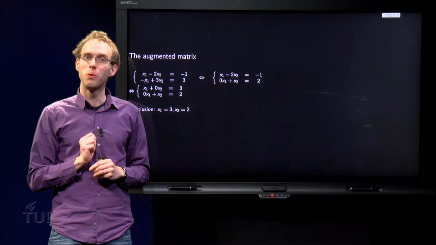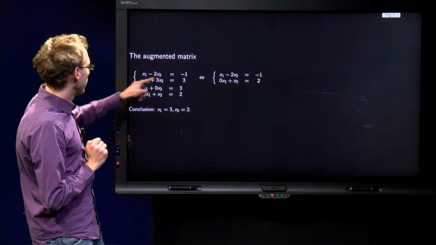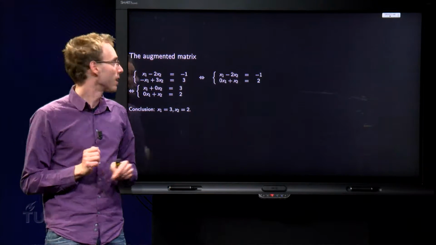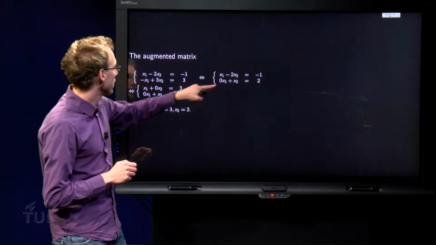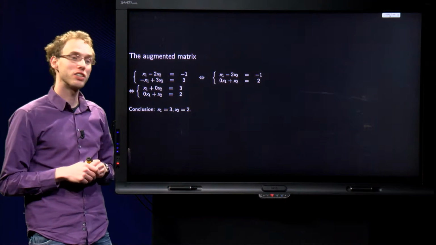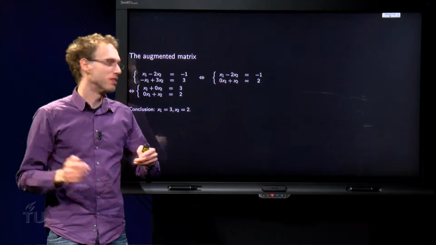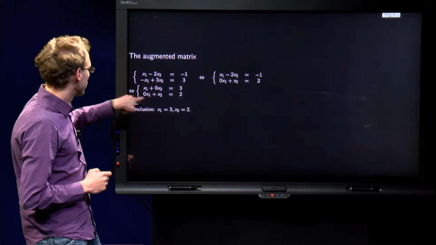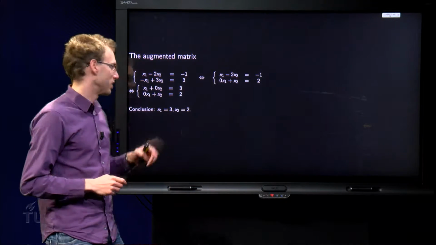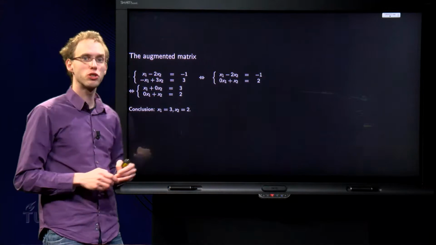Let's see, what did we have? We have a linear system over here. We added once the first equation to the second one, got the new linear system, and we can make it even nicer by adding the second equation twice to the first one to get another linear system which is already x1 equals 3, x2 equals 2.